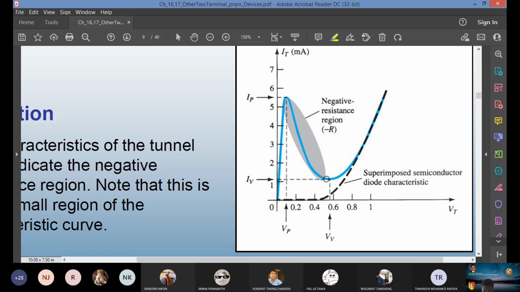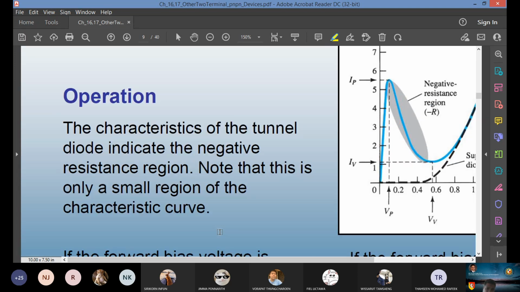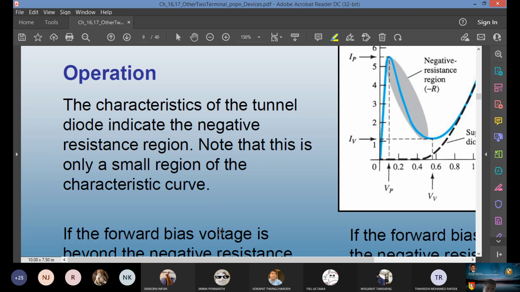So here the proper forward biasing is around 0.6 volt or 0.7. The negative resistance region must be before that, not after. And once you cross that threshold, where you have regular conduction like in a forward bias junction, you will start getting out of the negative resistance region.